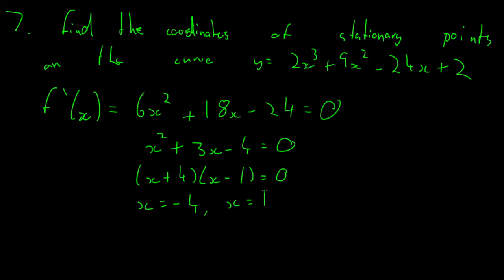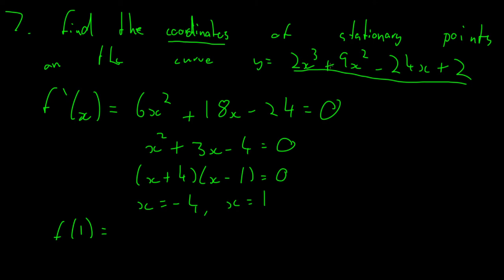And what we have to do next is actually work, because again they ask for the coordinates, which means we also have to find the y values. So what we'll first do is, I think it's easy to just do it at 1, so f(1), and this just means for each x in this expression, we just change it to 1.